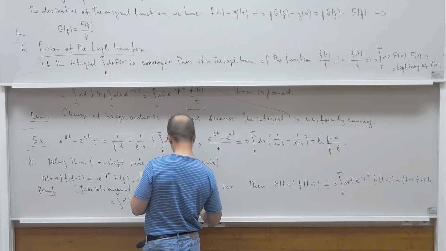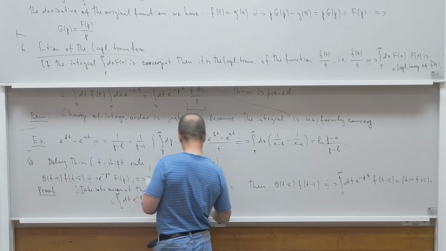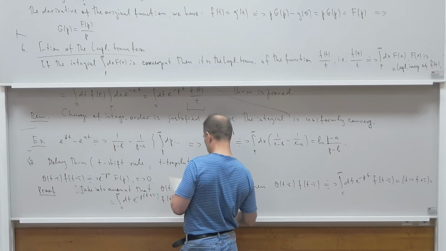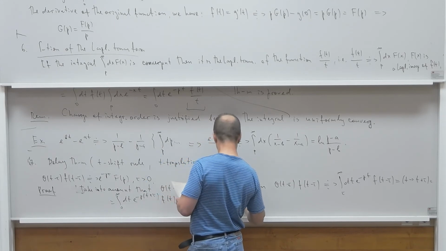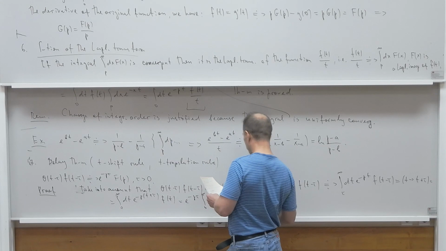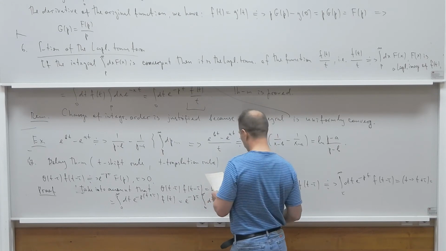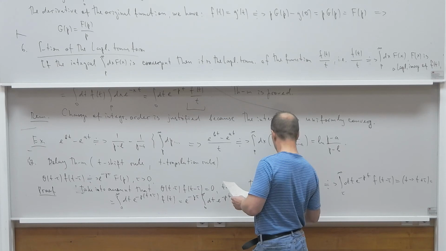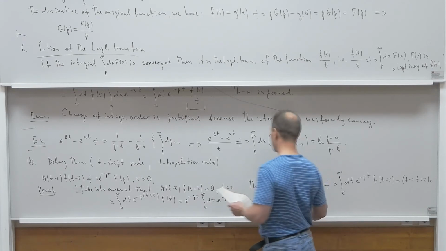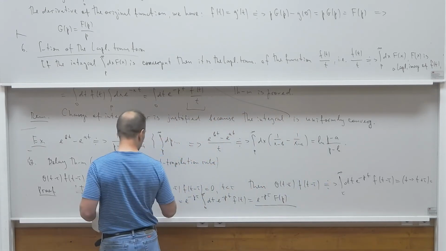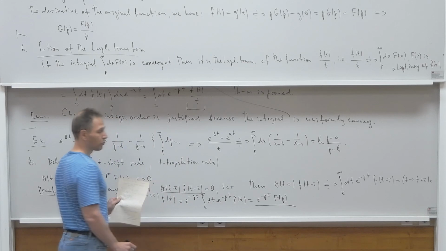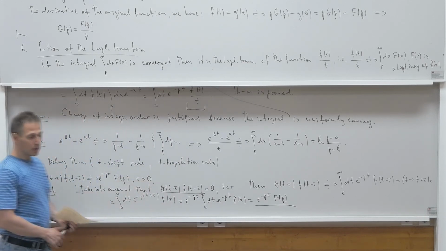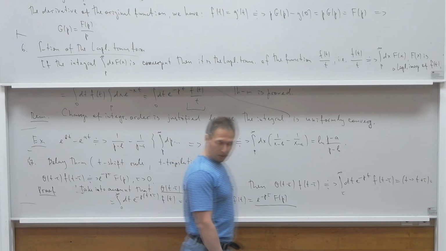So eventually we can write this integral the following way, and by using the definition of the Laplace transform of f small, we have such a formula. Thus, the property is proved. So let me stop at this point, and that's it.